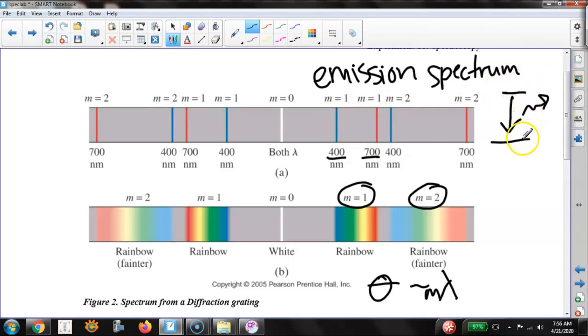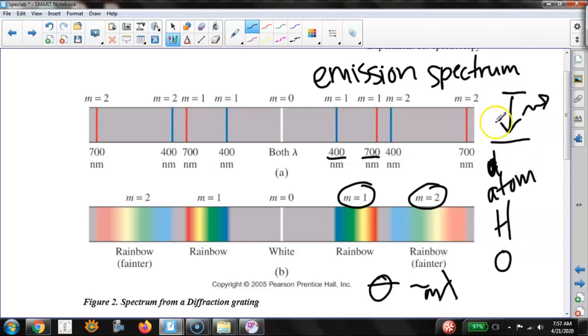And we can then use this emission spectrum, these emission lines, to identify what type of atom we are looking at, because some atoms will have very particular lines. Some, like hydrogen, only has a few. But as you go up the periodic table, something like oxygen would have many more emission lines.